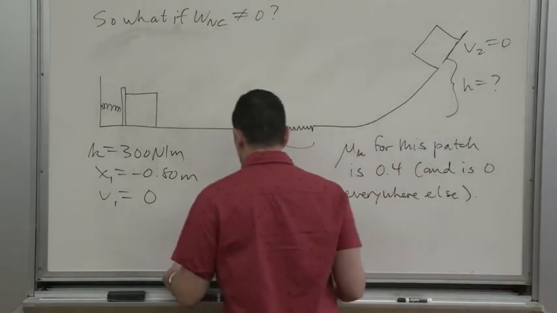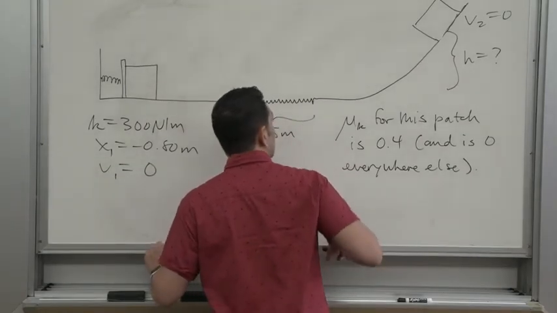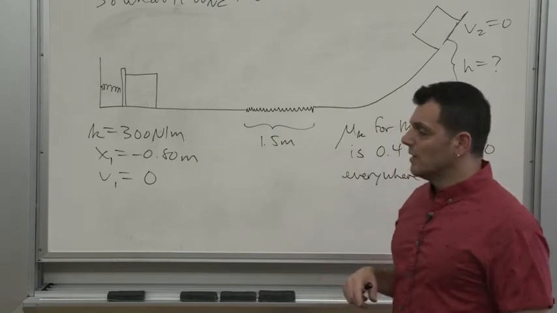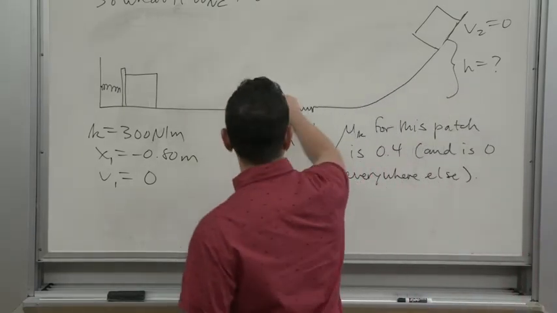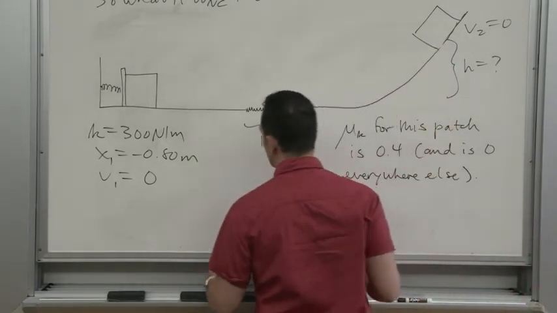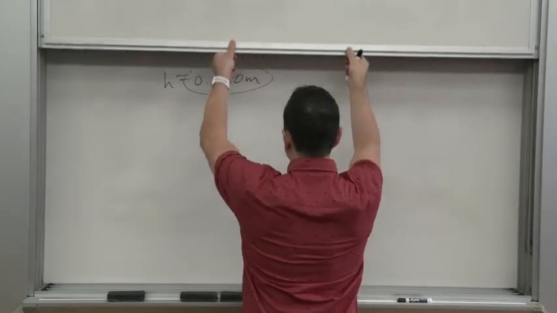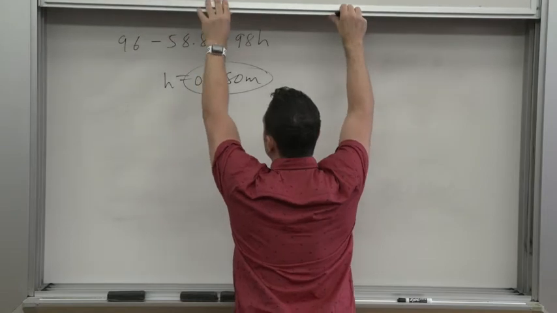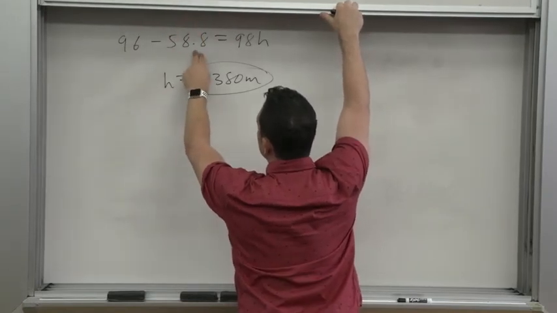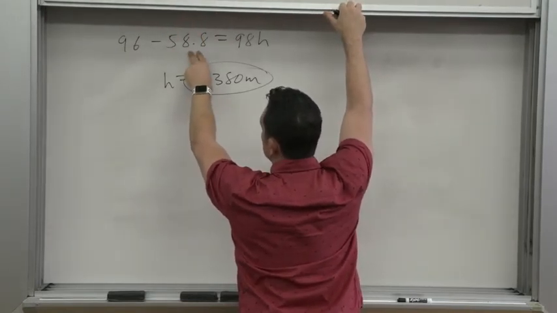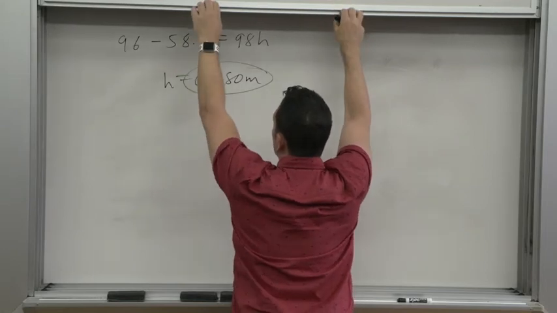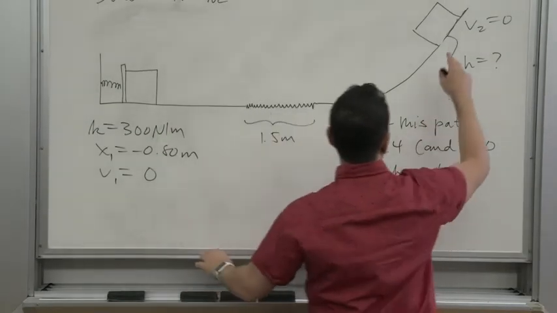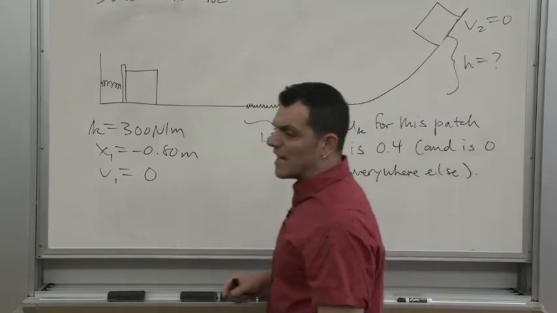However, in the example where we include friction, is that what happens? Well, it goes across this frictiony path and now goes up to a height of 0.380 meters. But every time it goes over the path, it's going to lose 58.8 joules of energy. So when we get to the top over here, we're not going to have 96 joules.